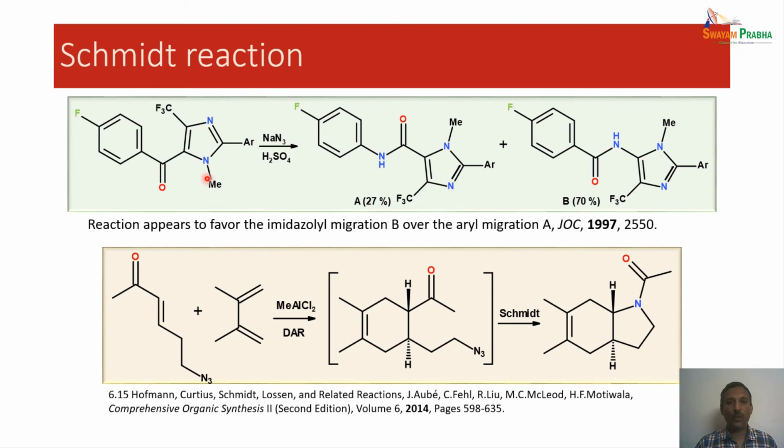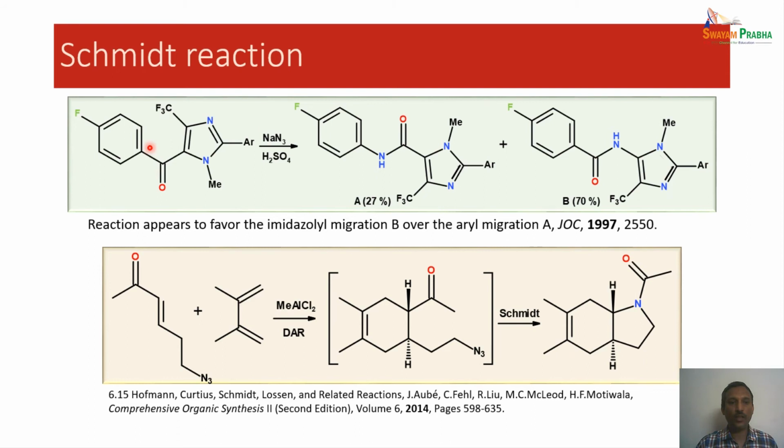And if we look at which group will migrate, because we already had seen there is a possibility of different alkyl group migration. So in this particular case, we have an aromatic ring having a fluorine, and there is another aryl derivative. So when this particular compound is subjected to the Schmidt reaction, this is the ketone.